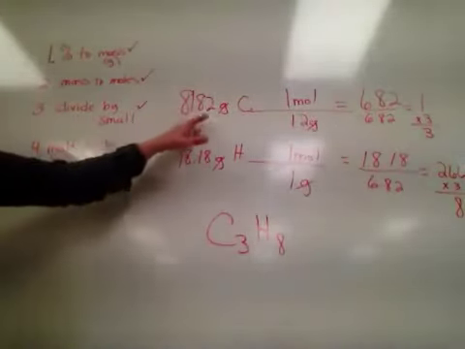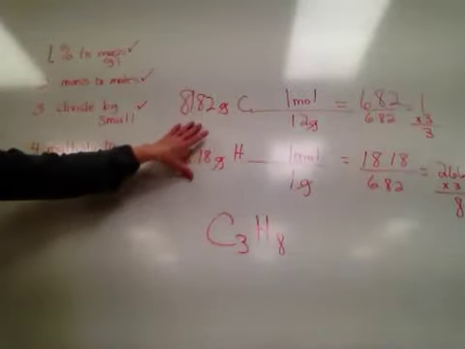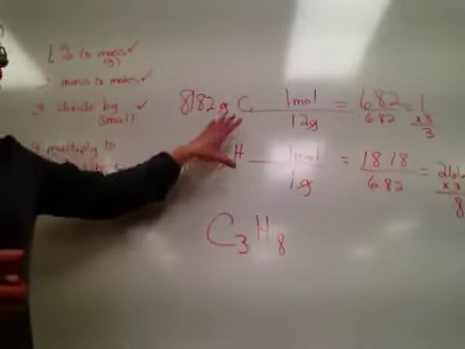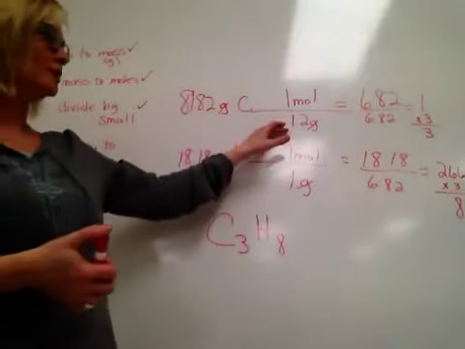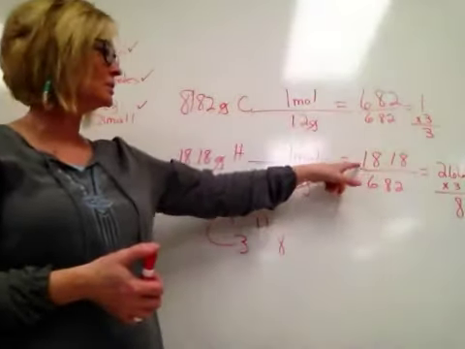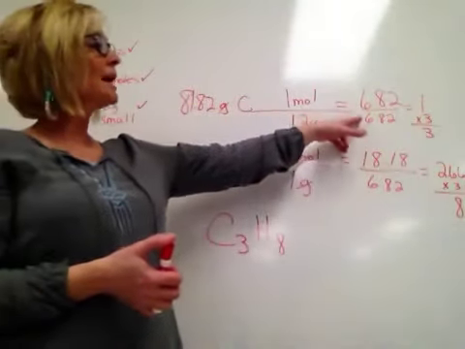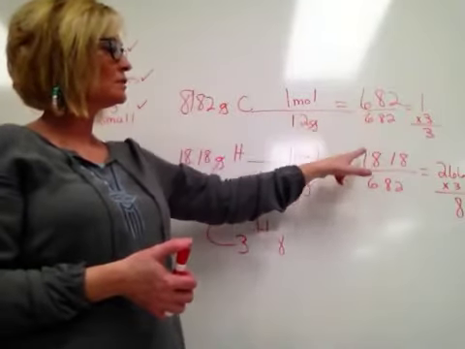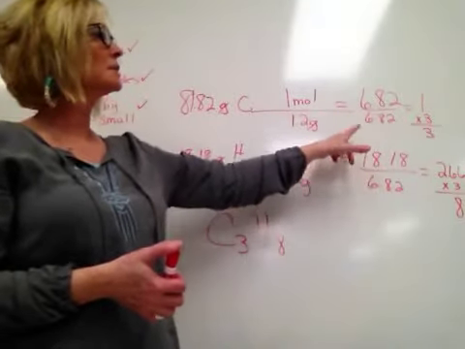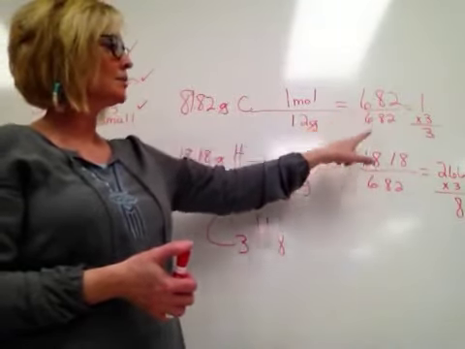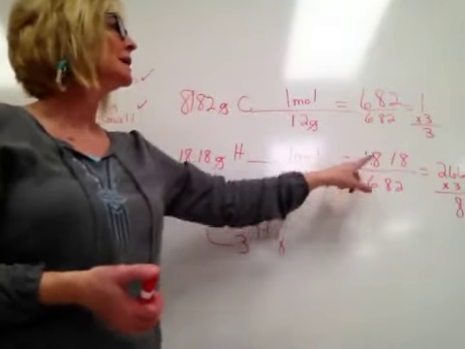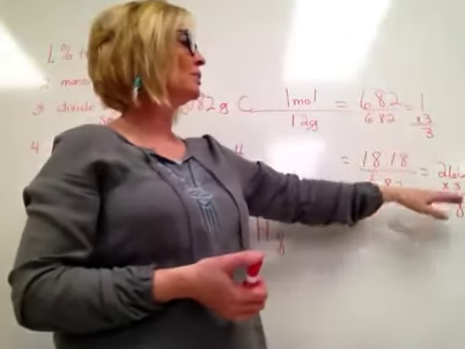So percent to mass, I just change it to grams. There's no calculating. Grams to moles, divide by your molar mass, you get moles. Then divide by small, so whichever is your smallest number of moles, you divide by 6.8, and then you have to get them both to whole numbers.